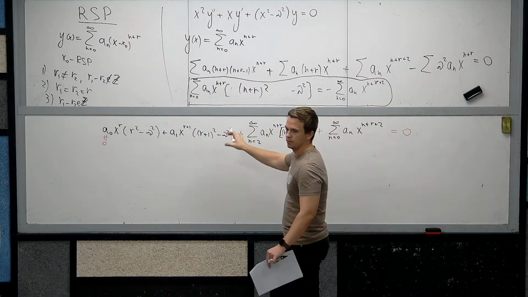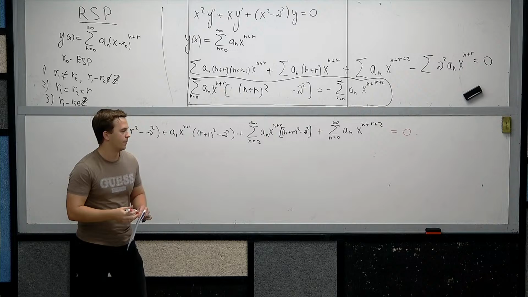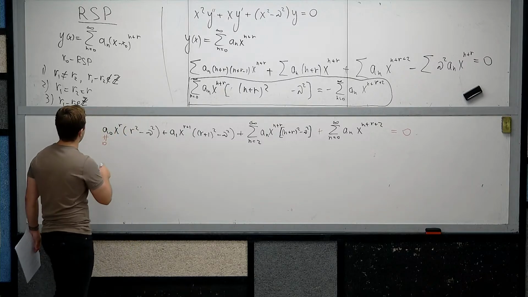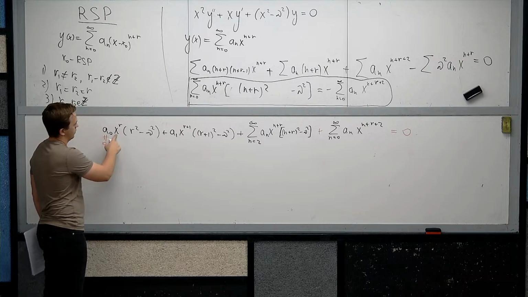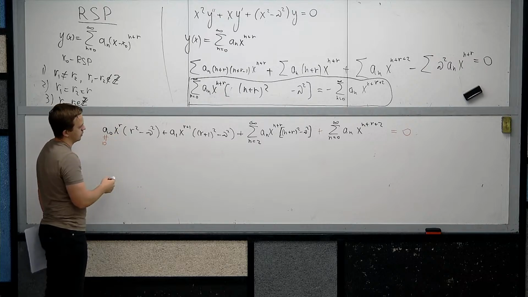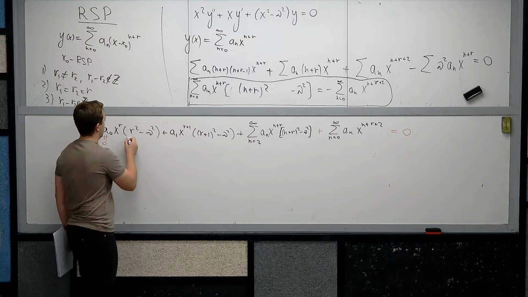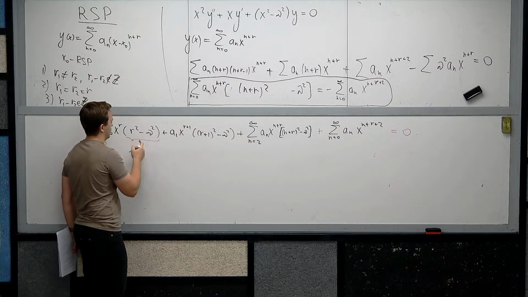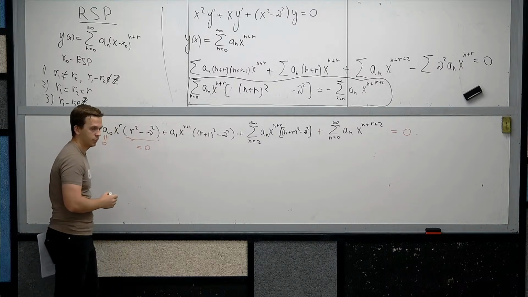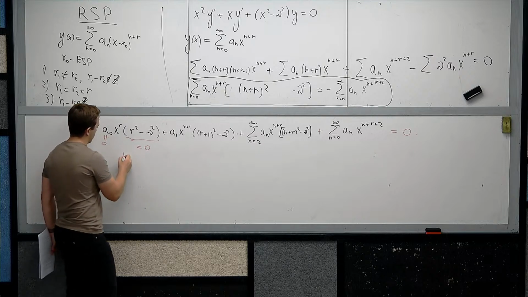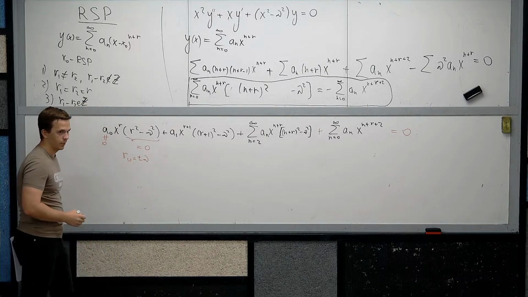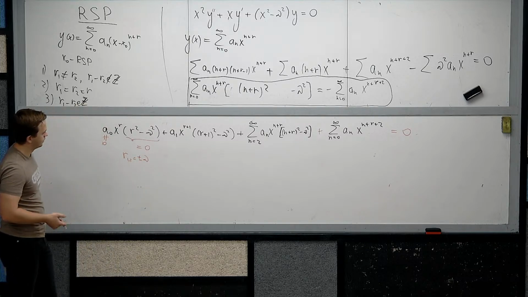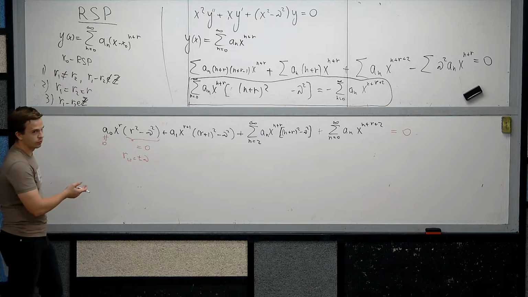Each term should be 0. Okay. Let's say that a naught is not 0, x to the r also not 0, then this should be 0. Right? Then we get r1, r2, plus minus, two roots. Okay.